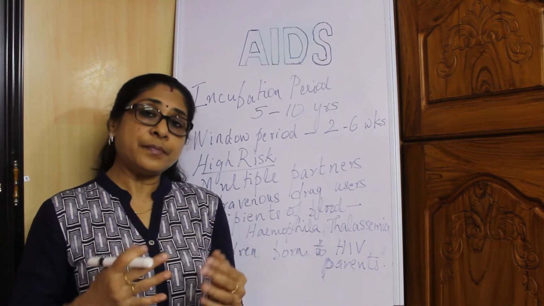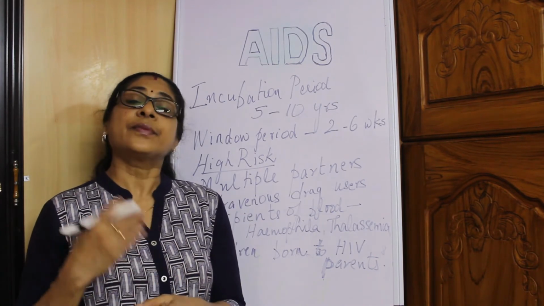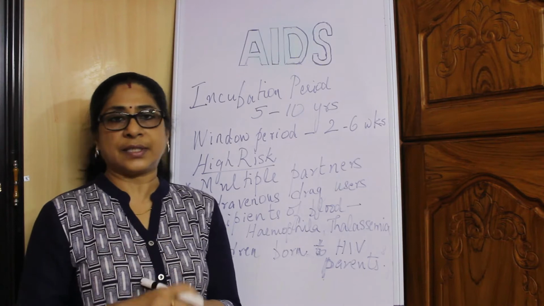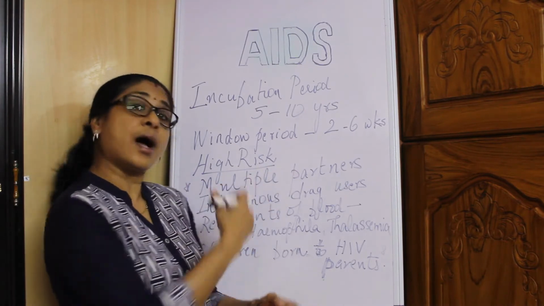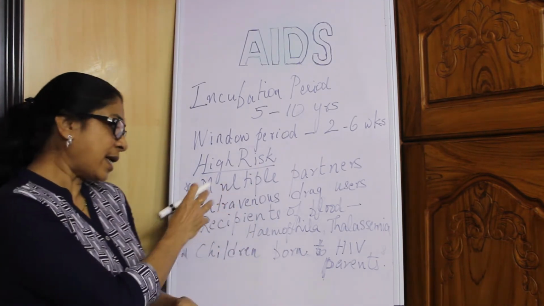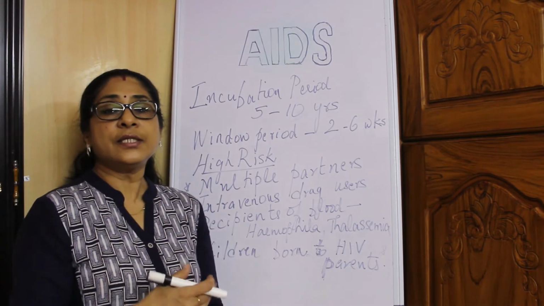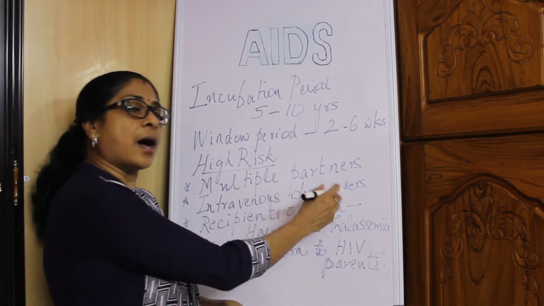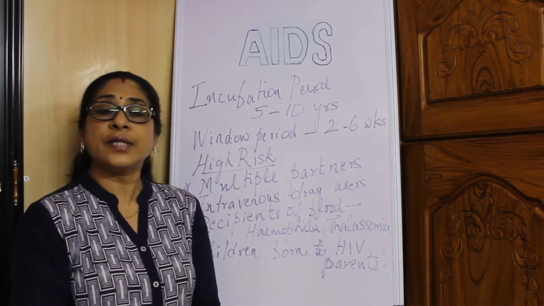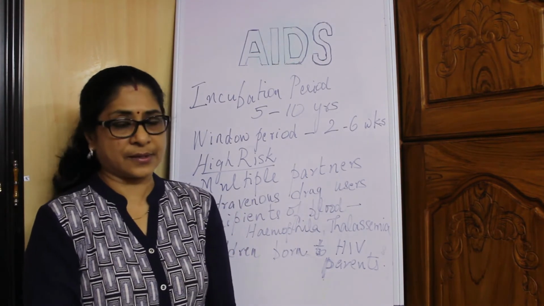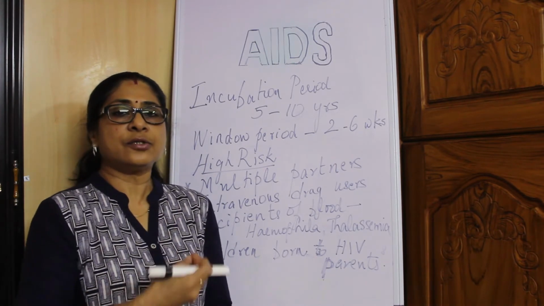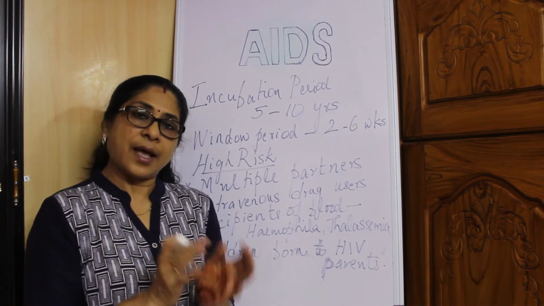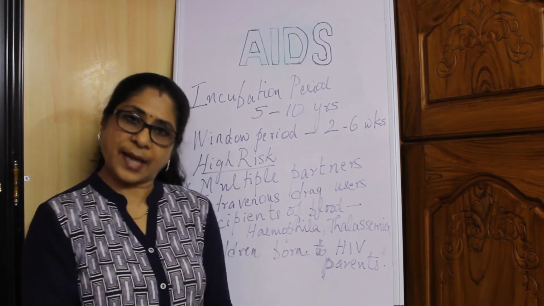When it is an unprotected sexual relationship, there is a chance for the disease to spread. So they belong to the high risk group. The second are those individuals who resort to drug abuse by using intravenous drugs. They have a tendency to share needles and they fall under the high risk category.